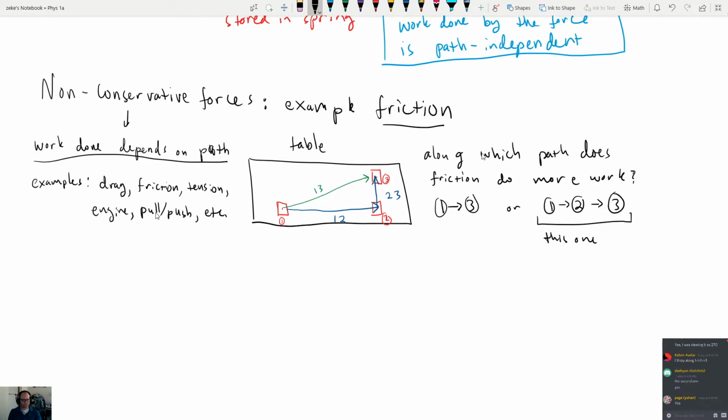Every single other force is going to be a non-conservative force. You could think of this as all other forces than gravity or springs.